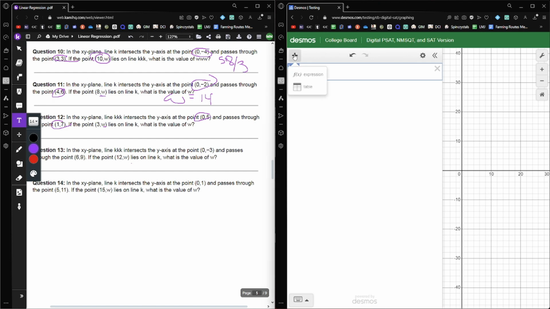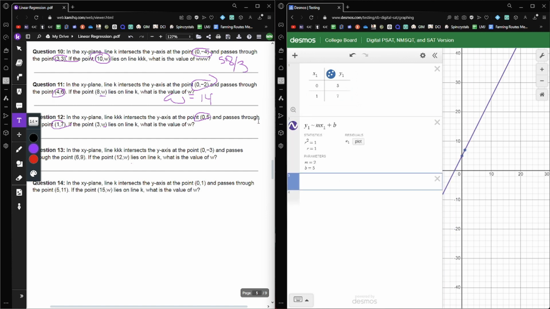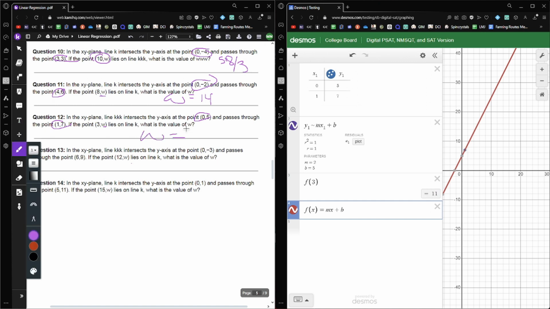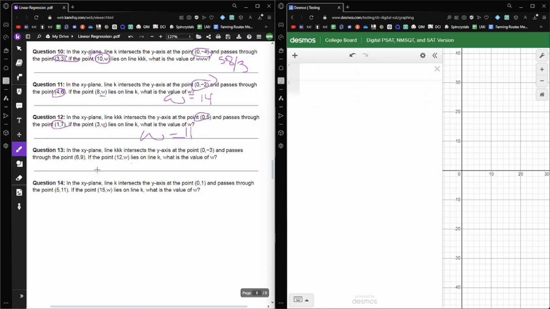I meant to click this. (0, 5), (1, 7), y1 equals mx1 plus b, and then f of x equals mx plus b, and f of 3 is 11. So w equals 11.